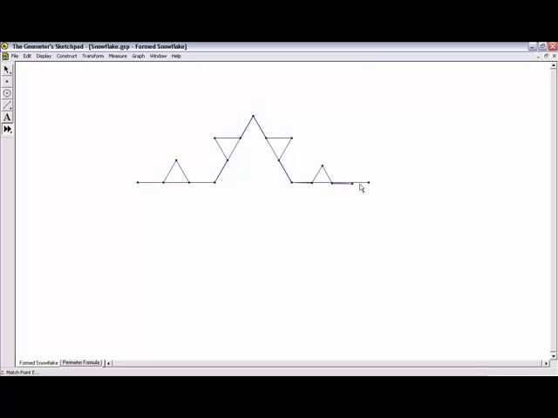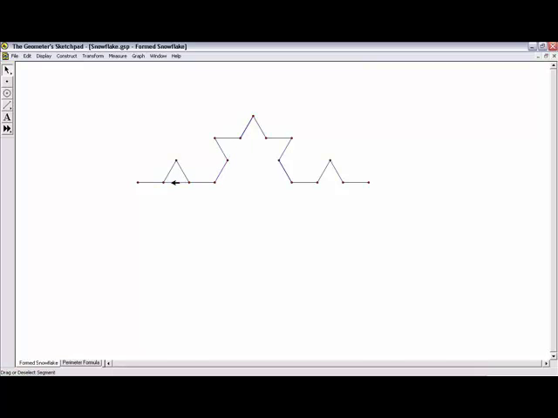Using the tool one last time along each of the segments gives us the third and final iteration. It will create 16 new triangles on top of the 5 we already have for 21 total triangles.